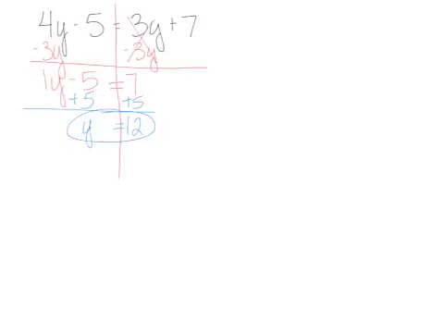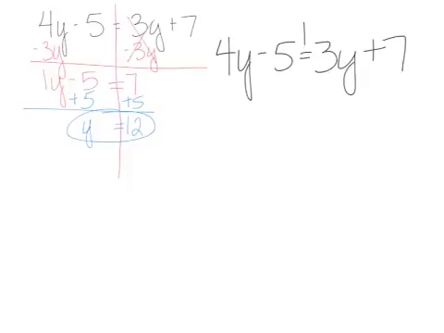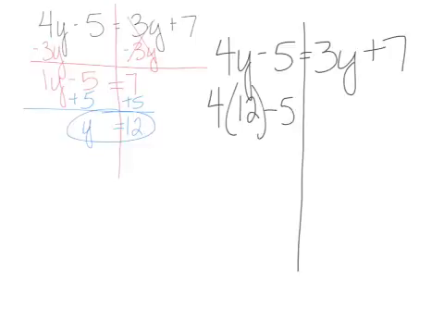Now we're going to check our answer to see if we are correct. So we have 4y minus 5 equals 3y plus 7. Draw my line, and I'm going to plug in 12 where there was a y on both sides. And then after I substitute that in, I'm going to just solve both sides by themselves.